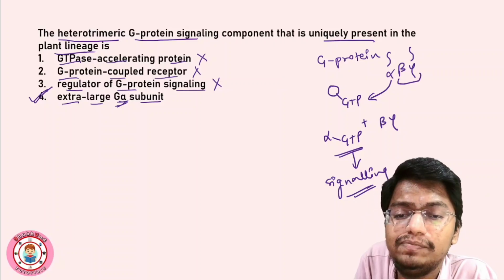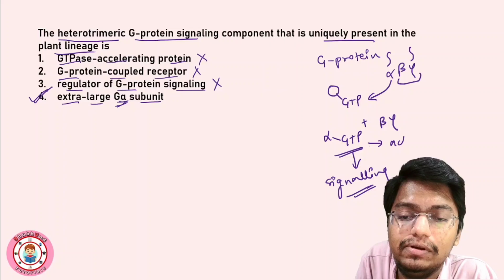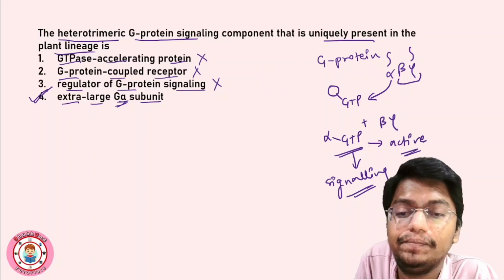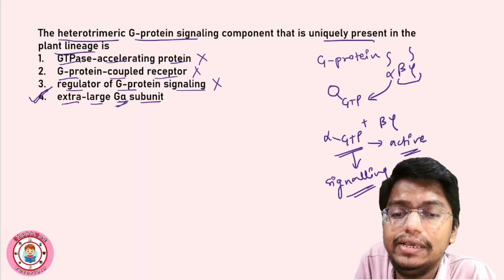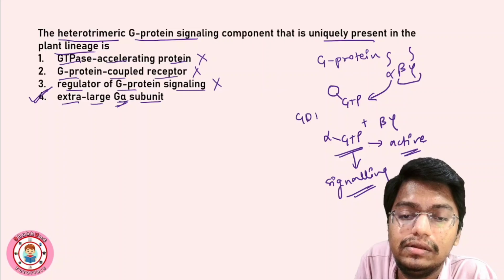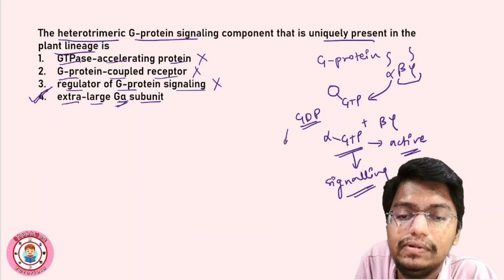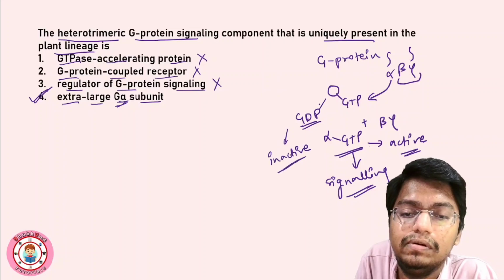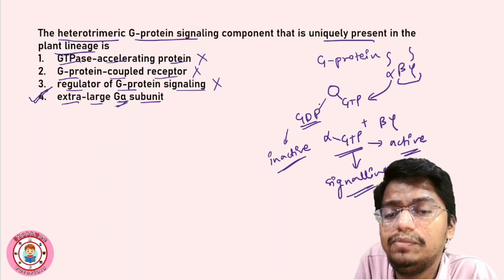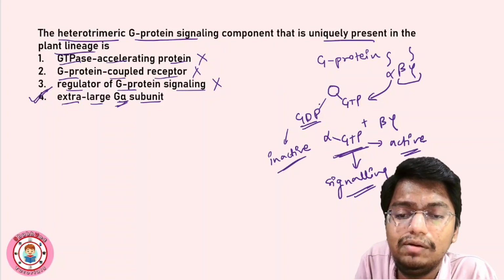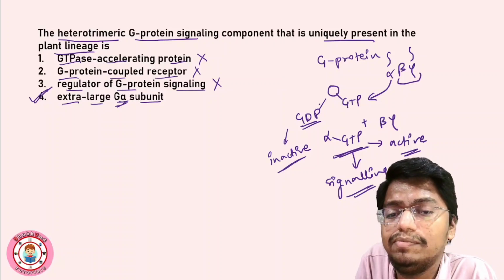So when this is bound to GTP, it is said to be active, right? Active है. And when this is bind to GDP, this is inactive. Got it? मतलब GTP से जब bind है तब active है, and जब GDP से bind है तो inactive.